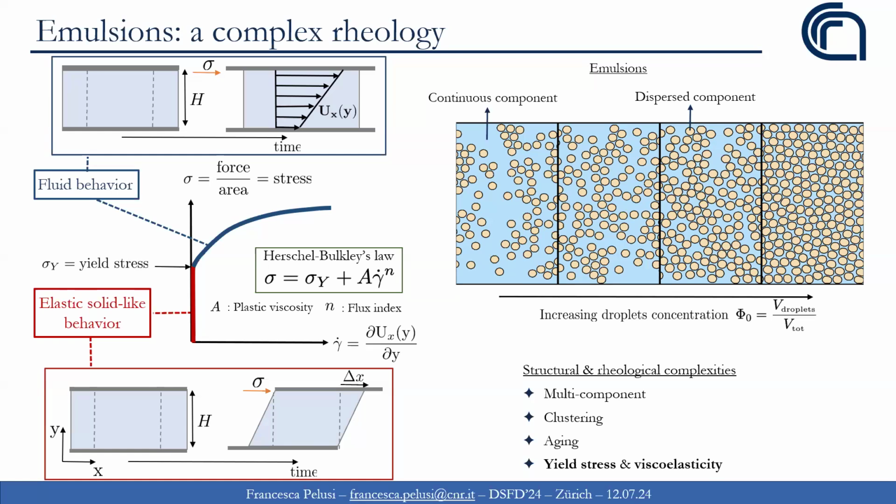The very interesting part of this material is that the rheology, so again, the mechanical response of the material, depends strongly on the droplet concentration. It is defined as the fraction of volume occupied by droplets as compared to the total volume.